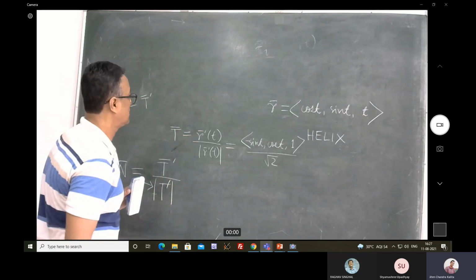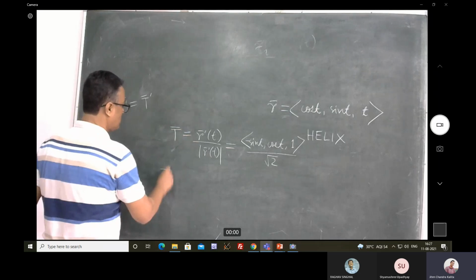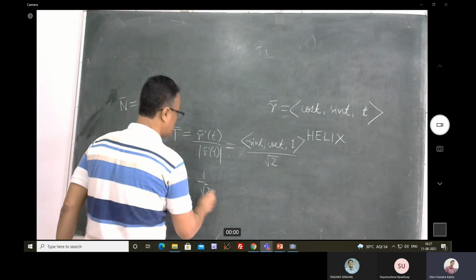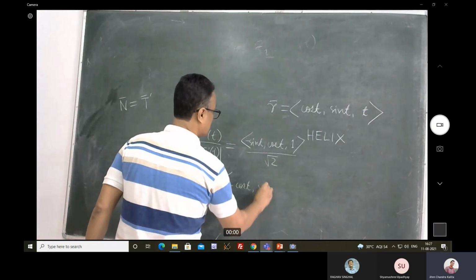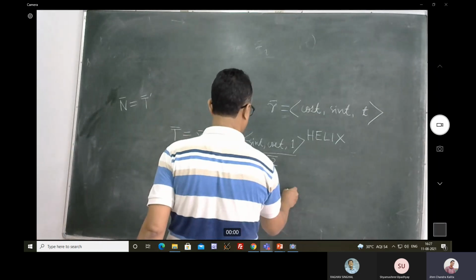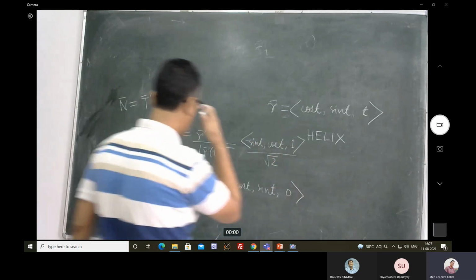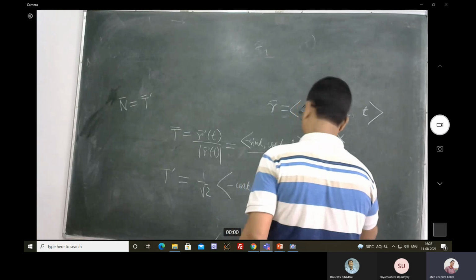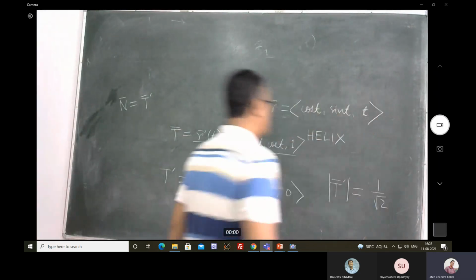Let us try to find this out. Firstly, let us find T prime. So T prime is going to be equal to 1 by square root 2 times minus cos t, minus sin t, 0. So the magnitude of T prime is simply going to be 1 by square root 2, right?